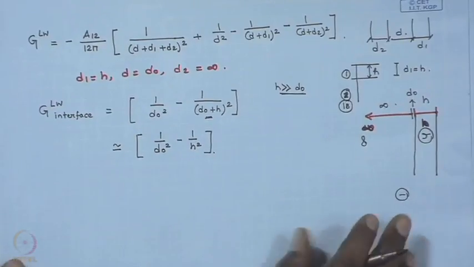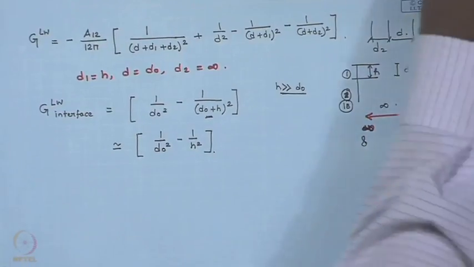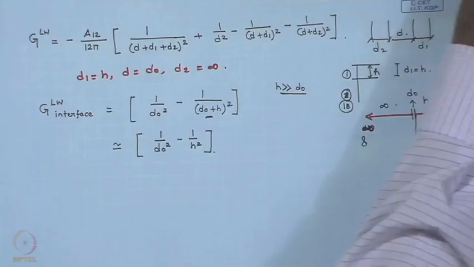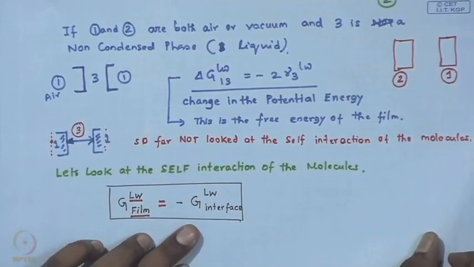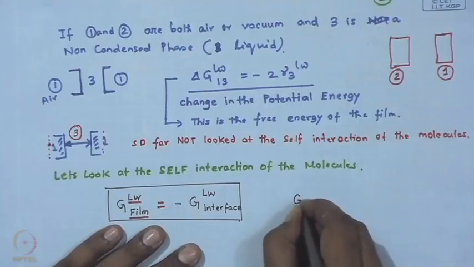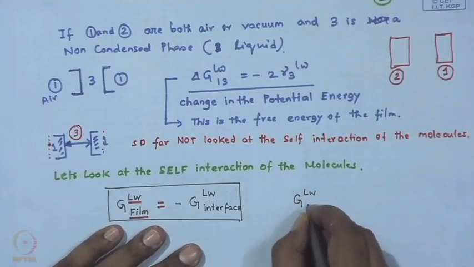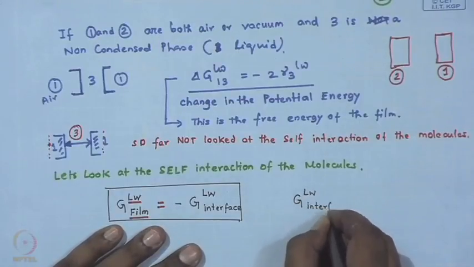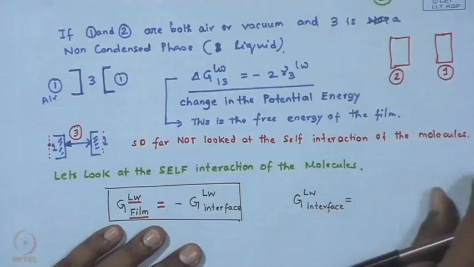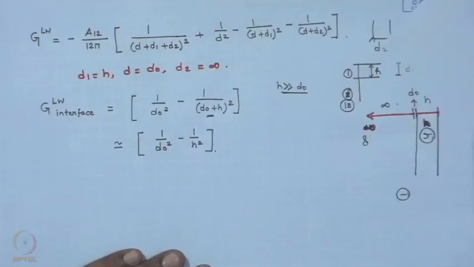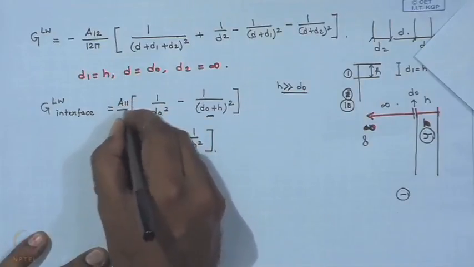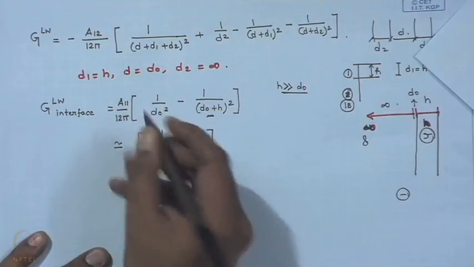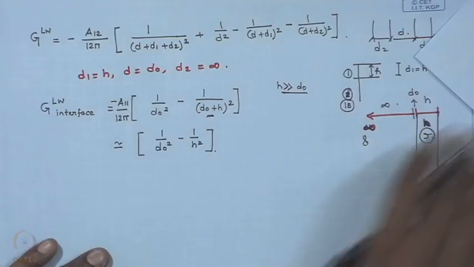Okay. Now, we have GLW of the interfilm is equal to minus of GLW of the interface, and we now have an expression for the GLW at the interface to be equal to, sorry, I just missed it out, it is A11 divided by 12 pi. I just missed out the numerical prefactor with the minus sign.